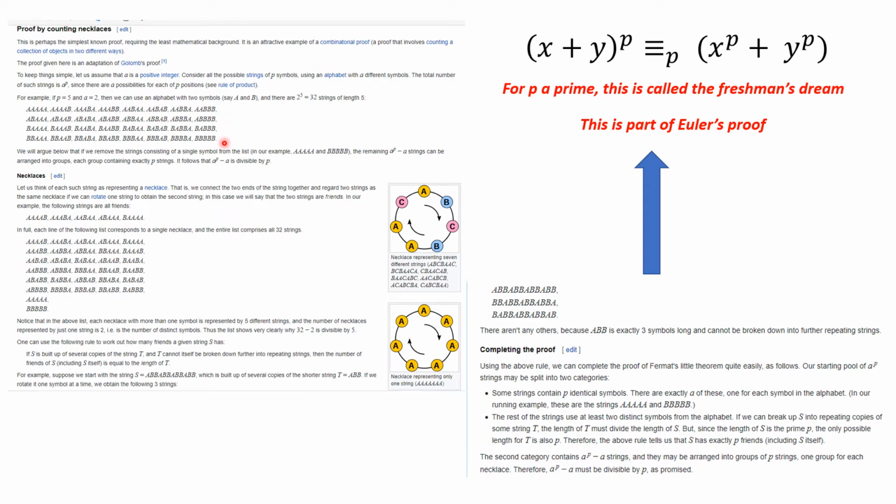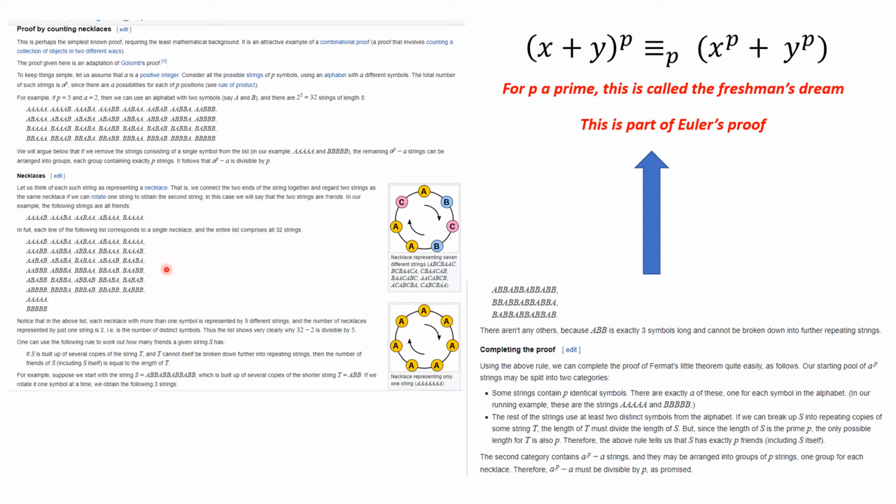But now I'm going to break these into 2 groups. Some of these strings will be pure, all 5 A's and all 5 B's, and I'm going to put them down here. But the others are going to be friends if I make them into necklaces. These are all the strings that have 4 A's and 1 B. This is 3 A's and 2 B's.